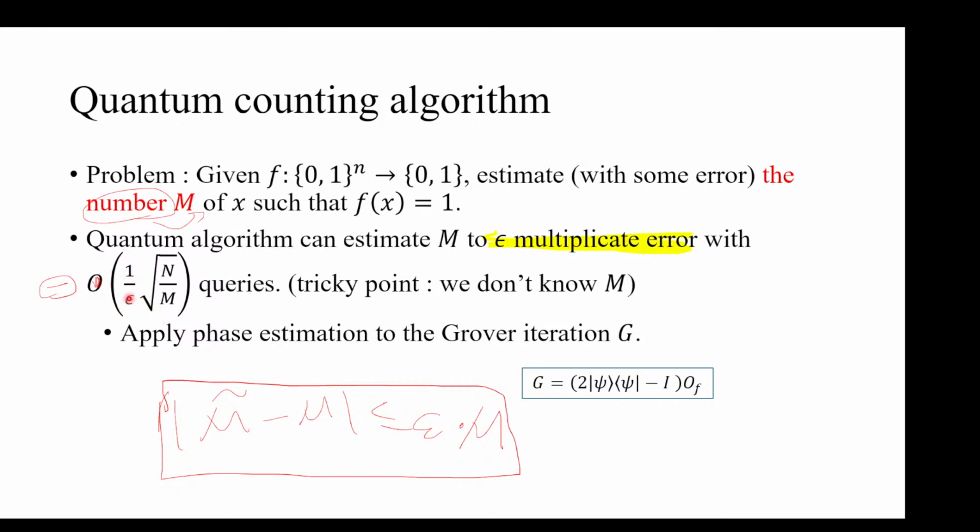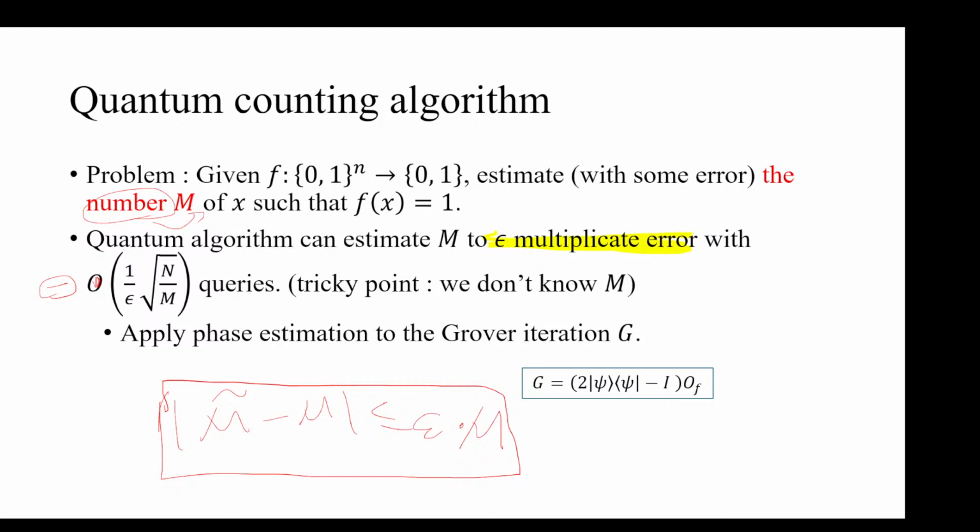You have this 1 over epsilon factor here, and this makes sense because if you want higher precision, then you should use more queries. Okay, and I believe this is both query complexity and also time complexity.